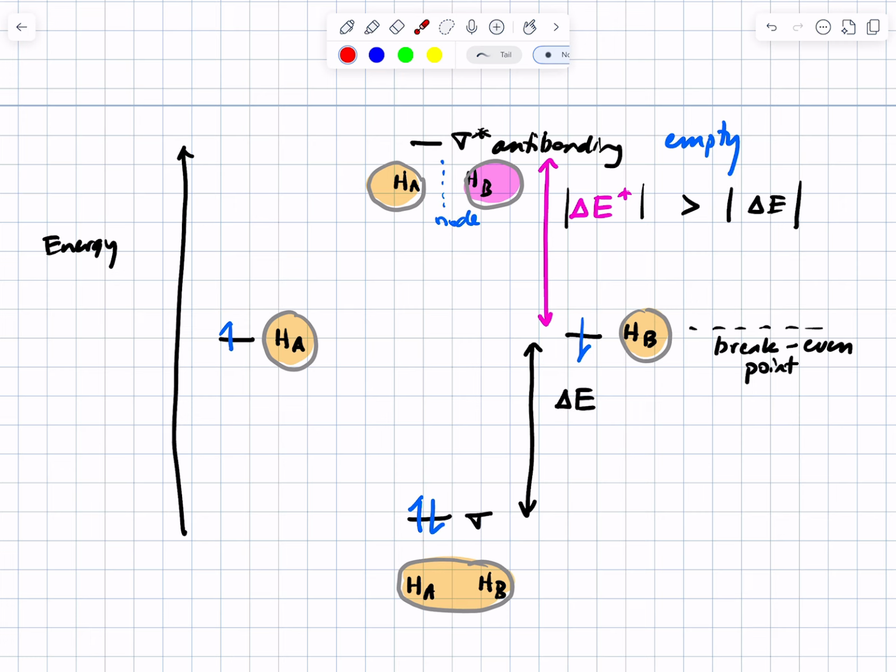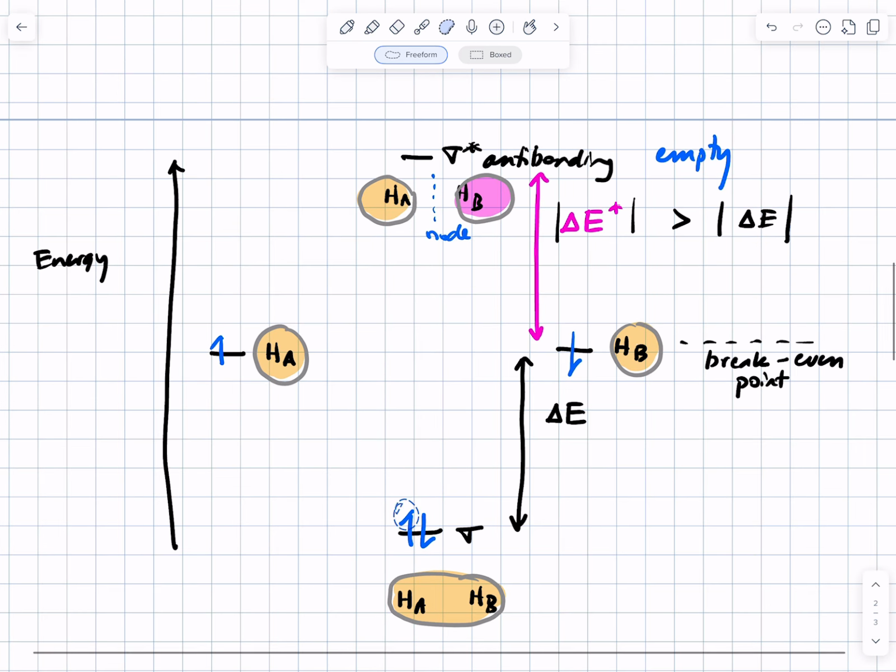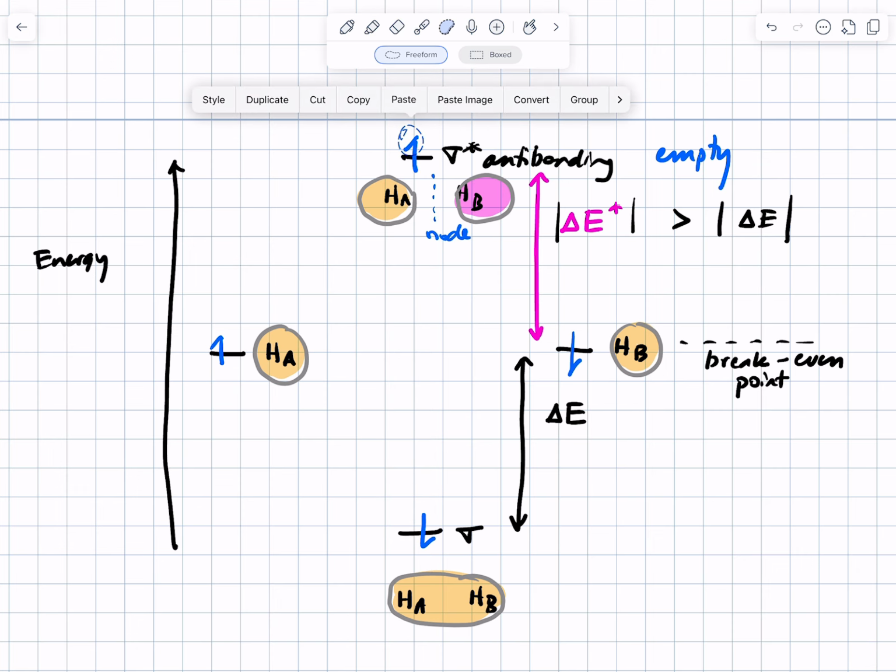Which means if I promoted an electron from the bonding orbital to the antibonding orbital, what would that do? What does it do if I have an electron that's now more destabilized than the other one is stabilized?